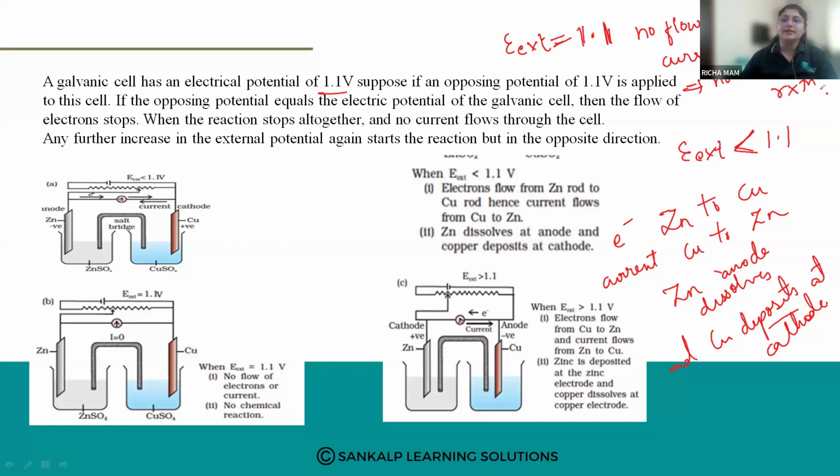Then if the external potential is greater than 1.1 volt, what will happen? From where will the electrons start to flow? The electrons will start to flow from copper to zinc, and the current will start to flow from zinc to copper.